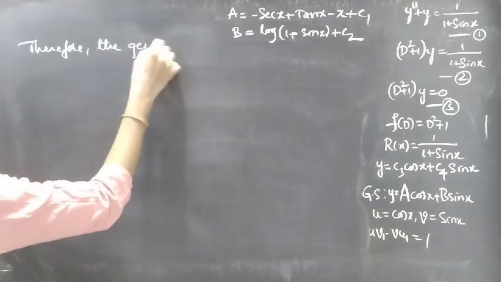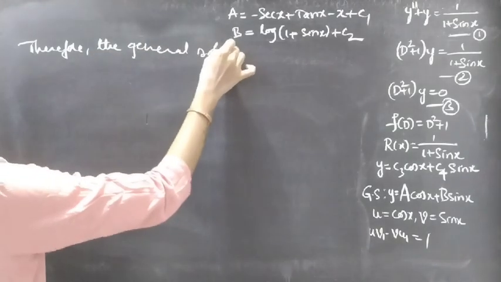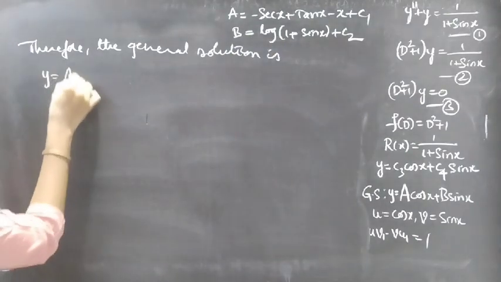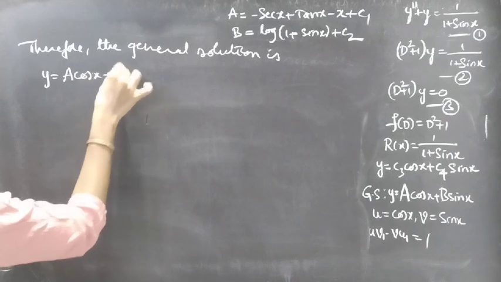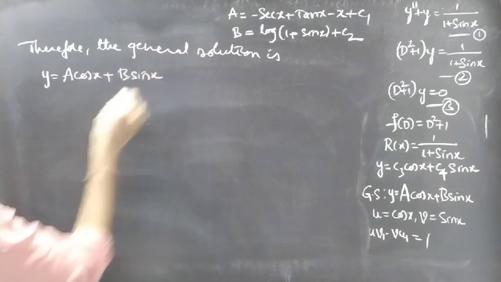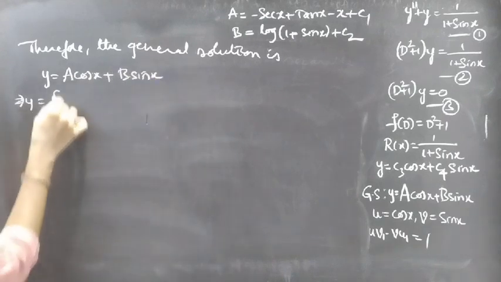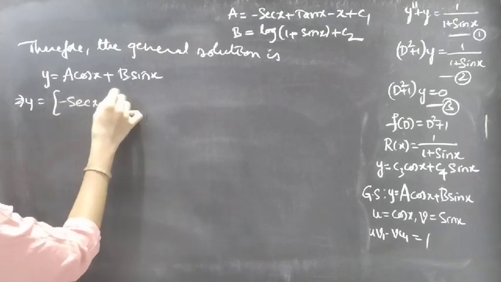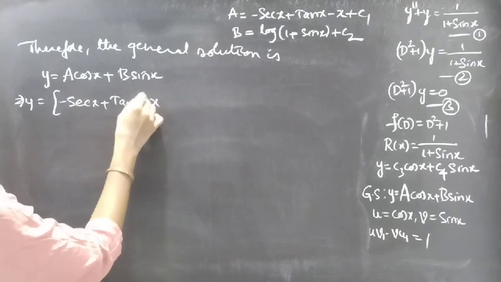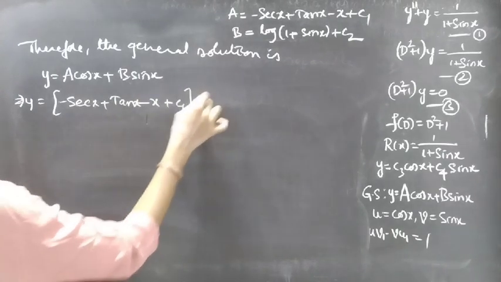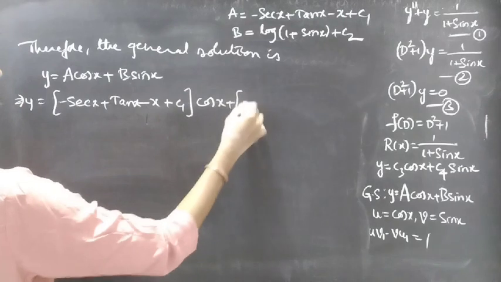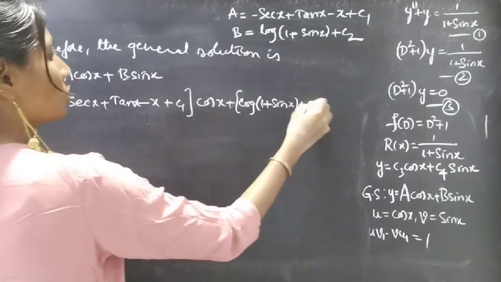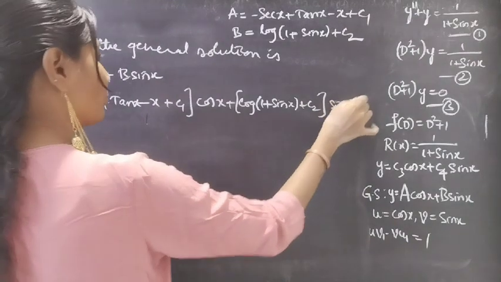Therefore the general solution is given by y equals A cos x plus B sin x, then y equals (minus secant x plus tan x minus x plus c1) into cos x plus (log of 1 plus sin x plus c2) into sin x, right?